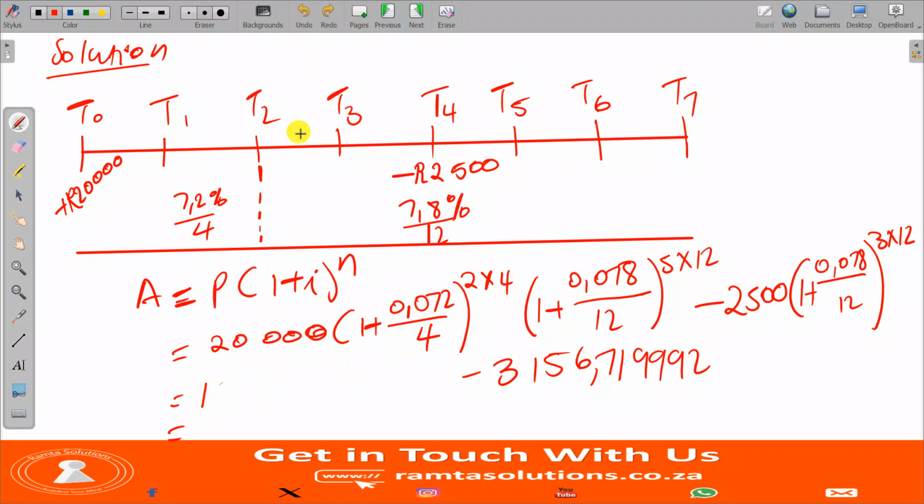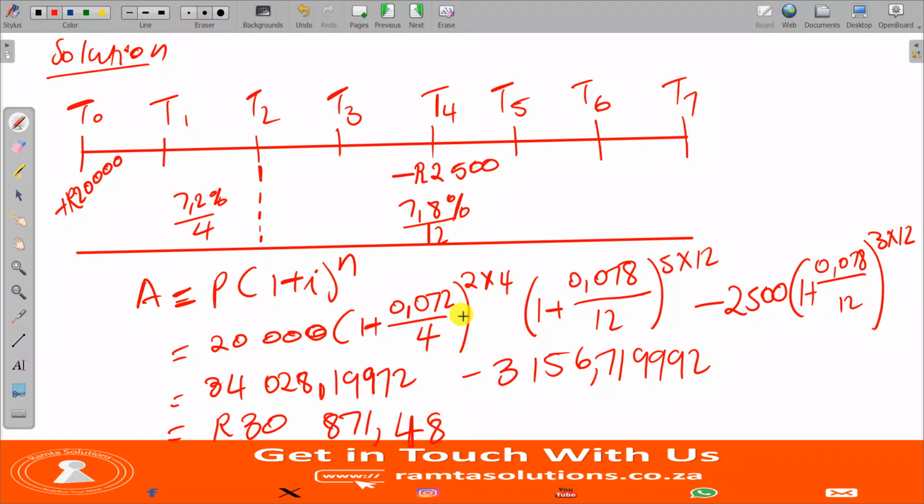So this is not 12, it's 4. So this is 34,028.19972. Okay. Right. Now I can say previous answer minus answer. What are we getting? We are getting our answer to be 30,871 rand and 48 cents.